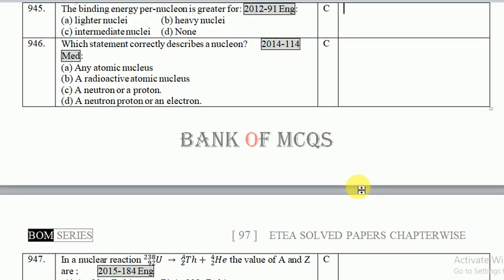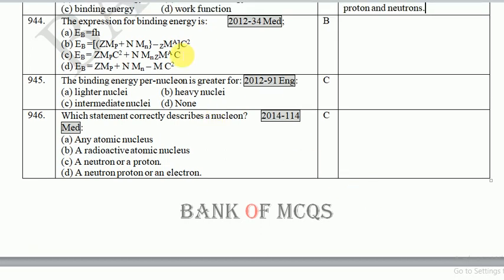The next is, the expression for binding energy is option A, B, C, D. We know that for binding energy, the mass of the nucleus as a whole is less than the mass of protons plus the mass of neutrons.